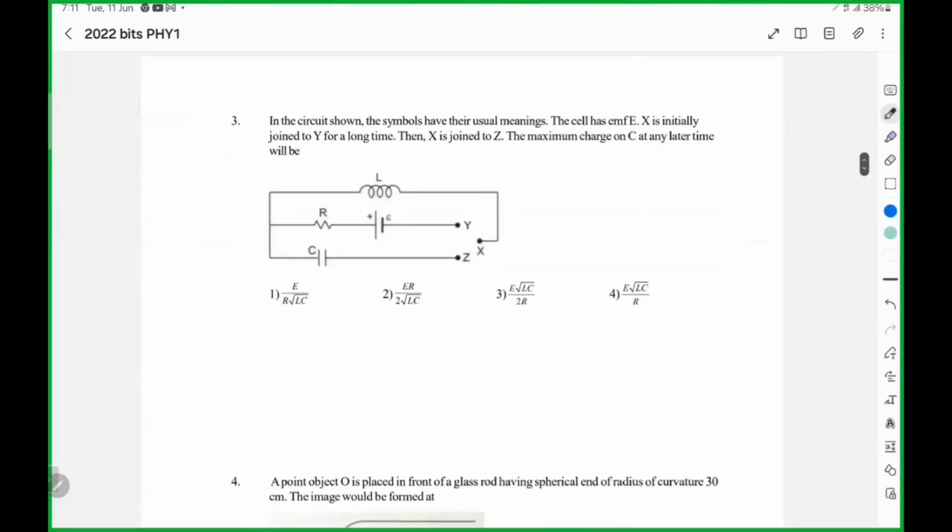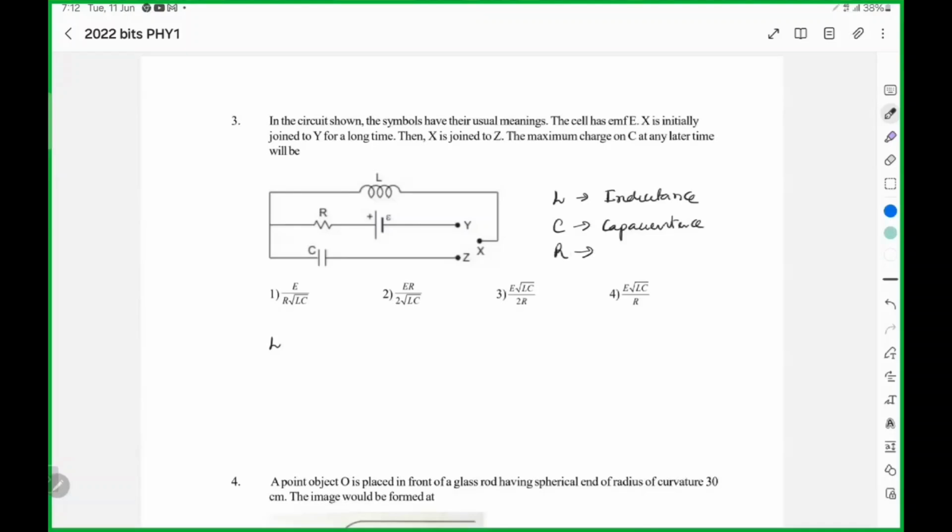Here in this circuit, what does L represent? L is inductance. C represents capacitance.